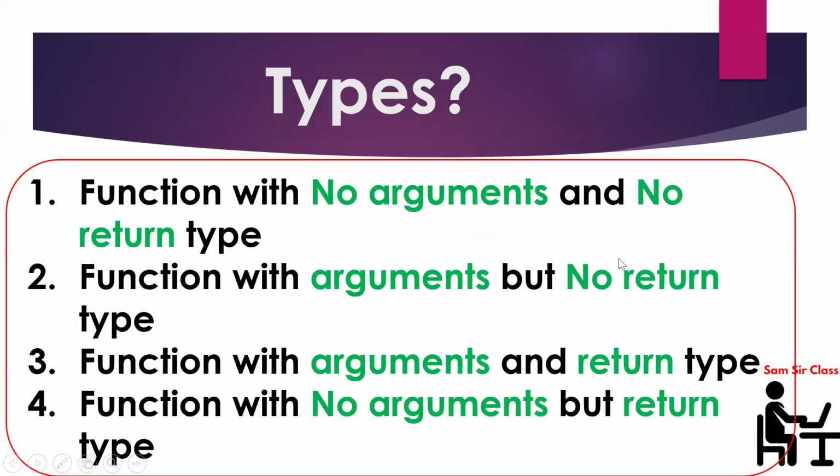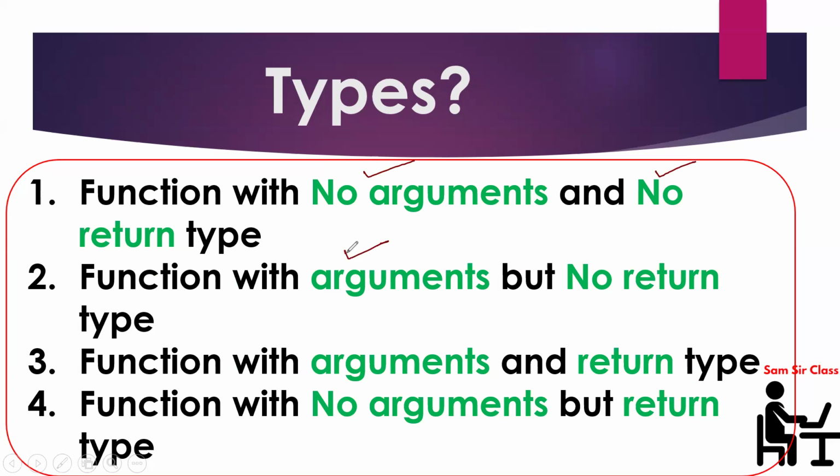Now coming to different types. We have already discussed the meaning of arguments, where formal arguments and actual arguments are there. Also, we have discussed return type. So based on these two concepts of argument and return type, the functions are divided into four categories. One, function with no argument: you will not pass any argument and you will not return any value.